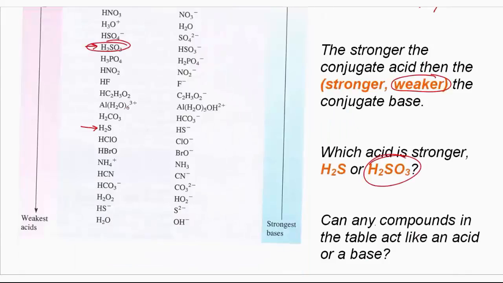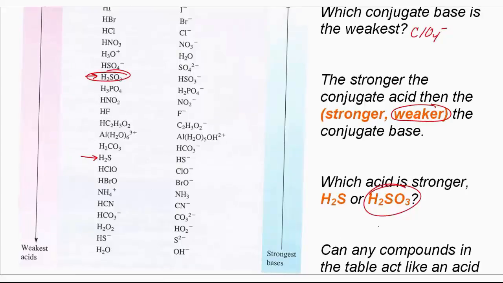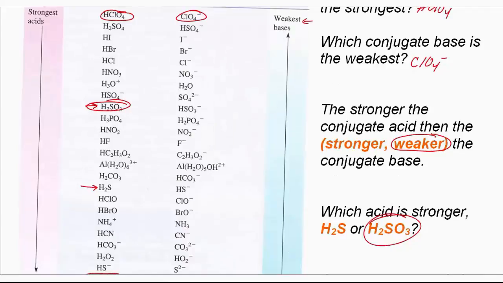Can any compounds in the table act like an acid or a base? So are any compounds on both sides? I'm pretty sure water is. There's water on the acid side. There's water on the base side. See any others? Hydrogen carbonate, both sides. I think that might be about it.